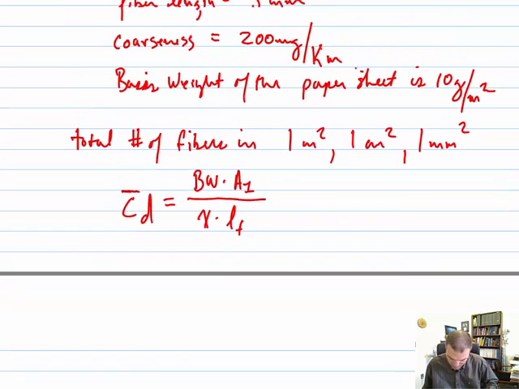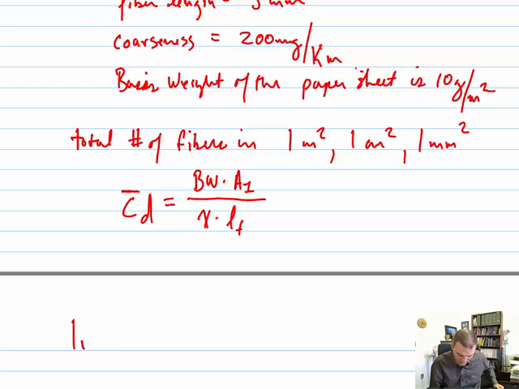So here we're trying to determine the total number of fibers in these given areas. We don't know what they are for a particular sheet, but we can calculate the average values if we go around and look at these different inspection areas. So on average, we can determine the number of fiber centers within that given area.